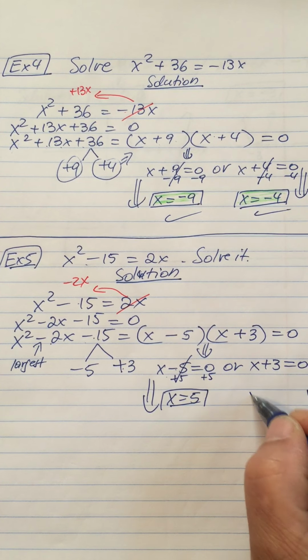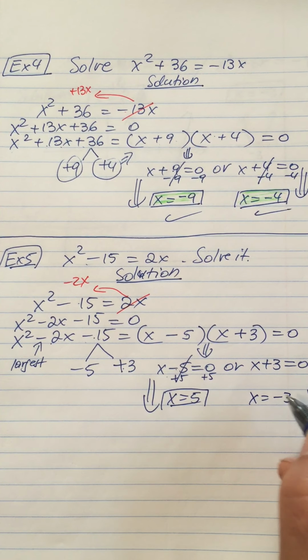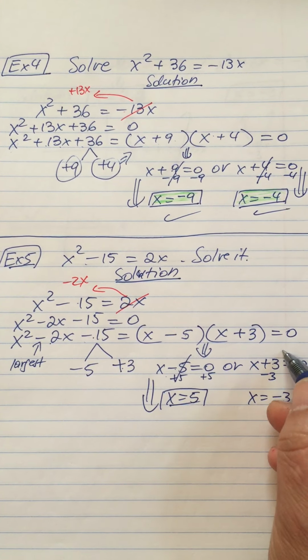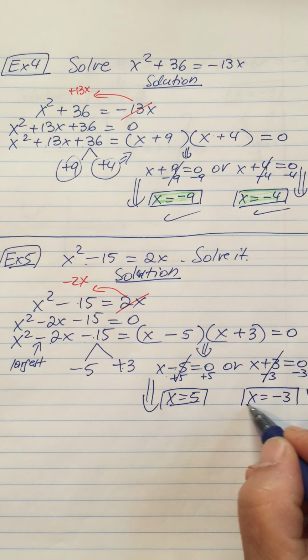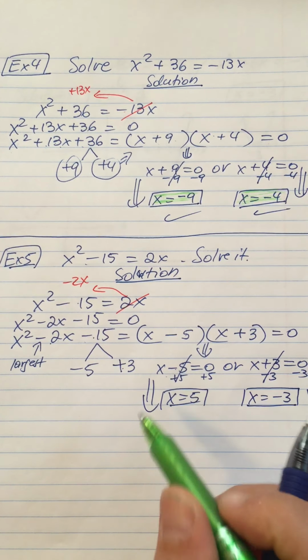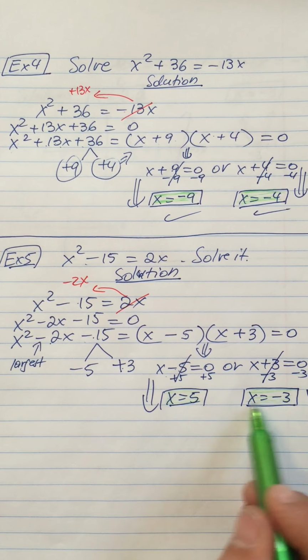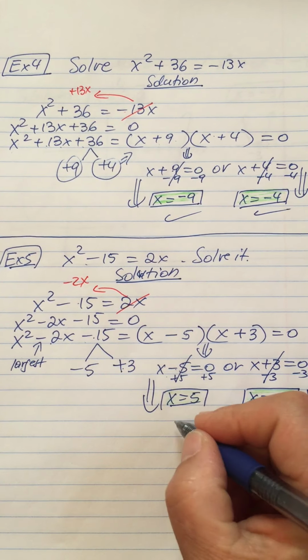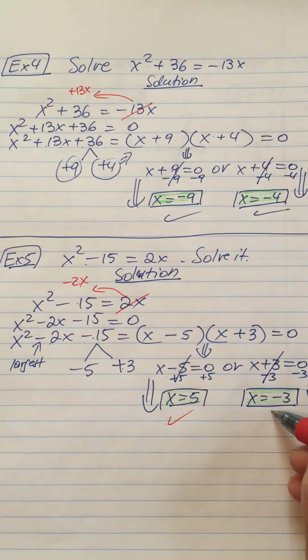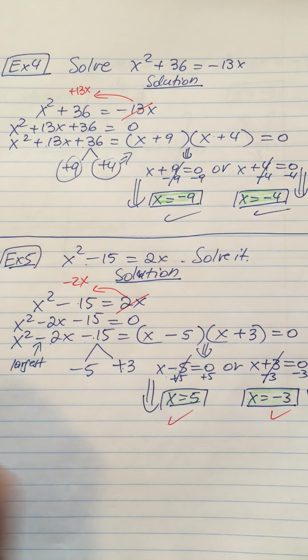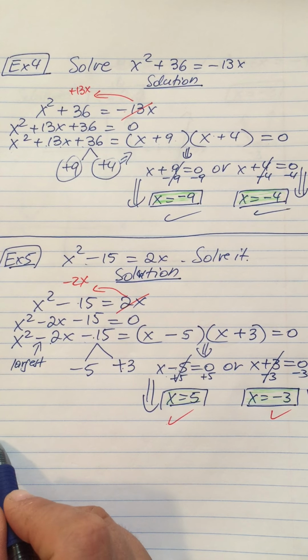And here x is the opposite, negative 3, because you have to subtract 3 from both sides. Okay, that's it. So the solutions are negative 3 and 5. Done. You don't need to write the phrase. The solutions are this and this. Just show me this and you are okay.